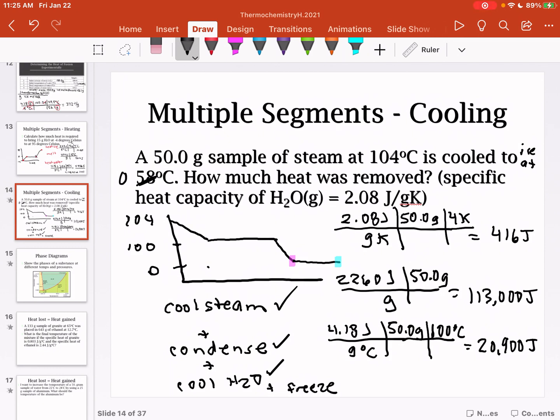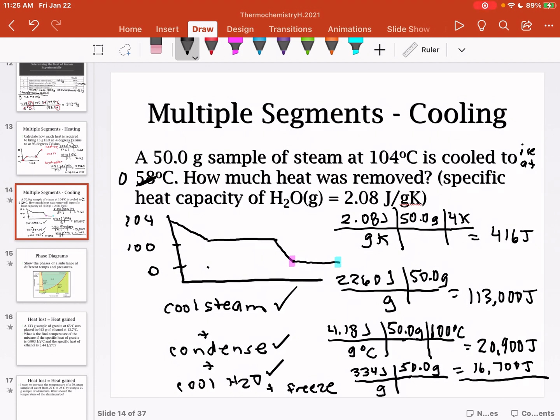So we said freezing is reverse fusion. The magnitude is still the same, it's just the direction that changes. 334 joules per gram still holds up, and I still have my 50 grams. I've got my heat, I've got my mass, again, no delta T. And so the heat of fusion, in order to freeze that ice, would cause 16,700 joules of heat to be removed.